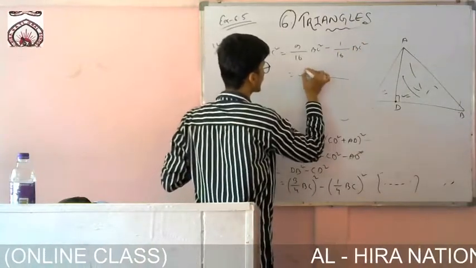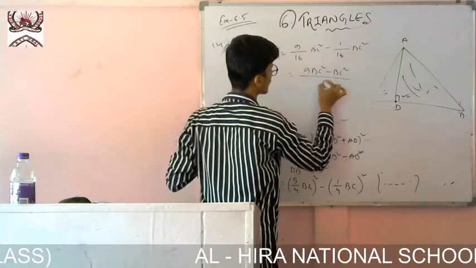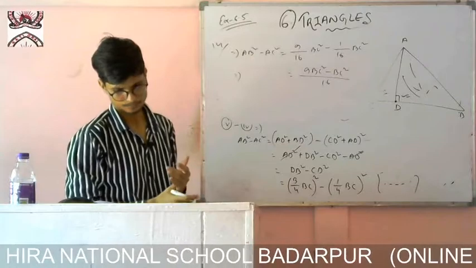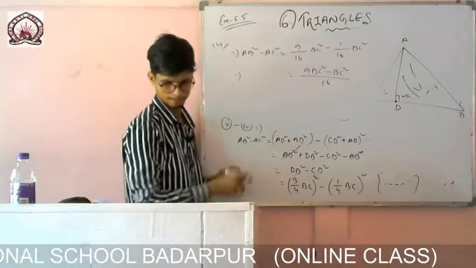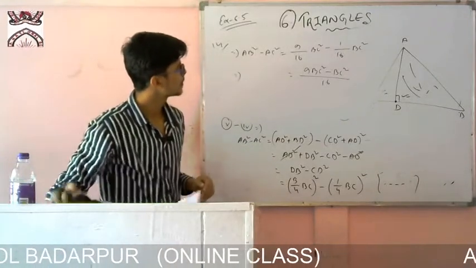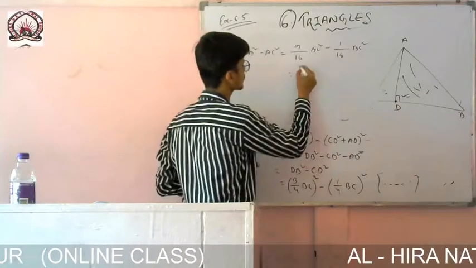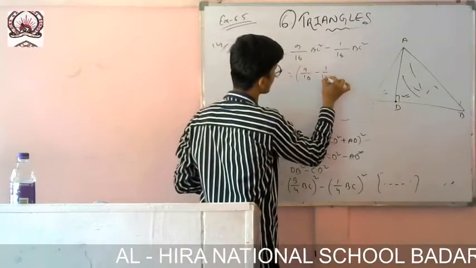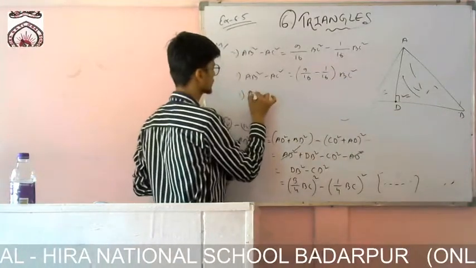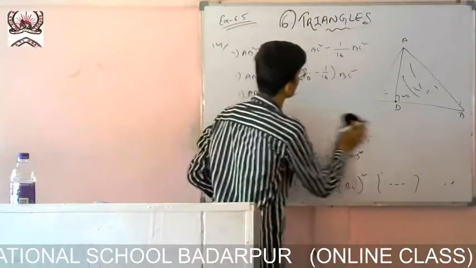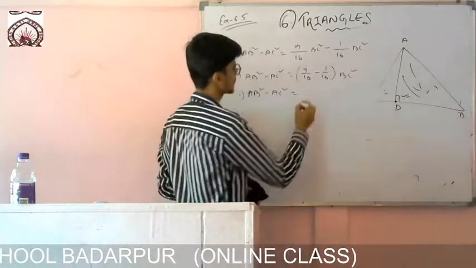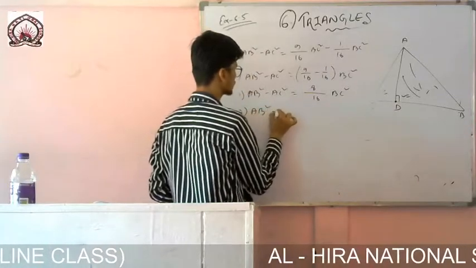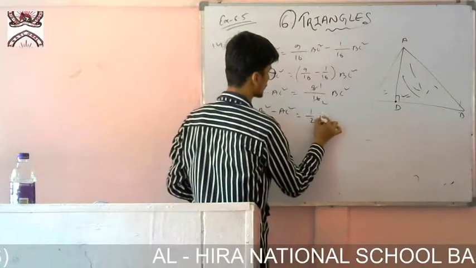BC square is common, so I can take it common. Then 9/16 minus 1/16 is 8/16 BC square. 8/16, if I cancel it, will be 1/2 BC square.